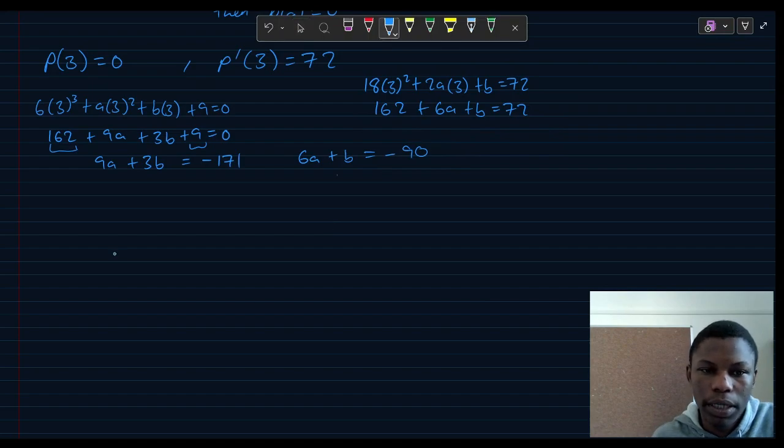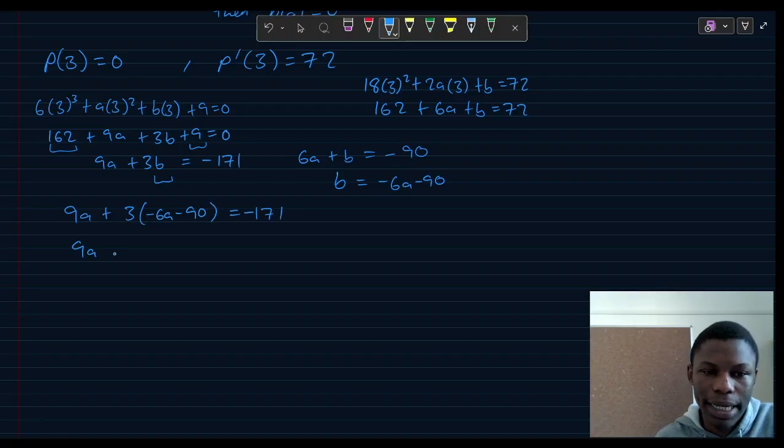So we can make b the subject of the formula here and say b is negative 6a, negative 90. Then we can substitute it here. So now it's 9a plus 3 times negative 6a, negative 90 is equal to negative 171.